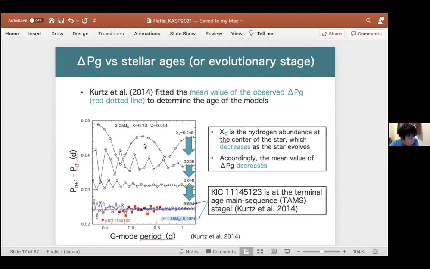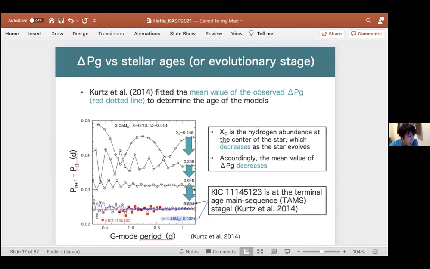Here we clearly see that as a whole, delta PG, especially the mean value of delta PG, decreases as the star evolves. What Kurtz et al. did is to fit the mean value of the observed delta PG pattern, here represented by those dotted lines, with the numerically computed delta PG pattern.